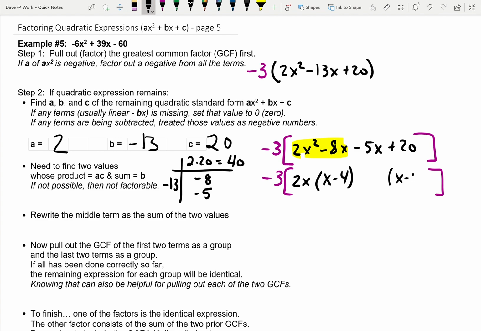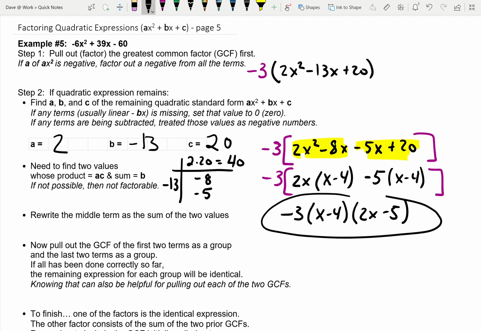Knowing that an x minus 4 has to be over here, this will help me understand I should be pulling out a negative 5 and not a positive 5. And once again, x minus 4 is what's common in those two terms. I should have highlighted this just in case you want to see it. Then I would have had 2x minus 5 being another one of the factors, and then I don't want to forget the negative 3 that I had at the very beginning.